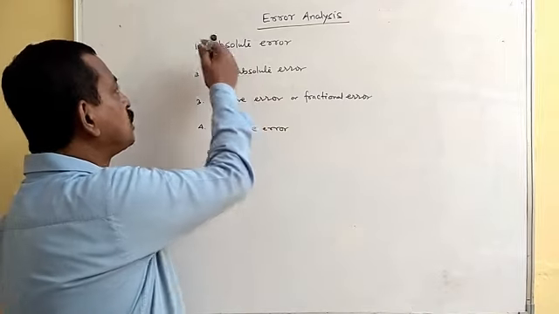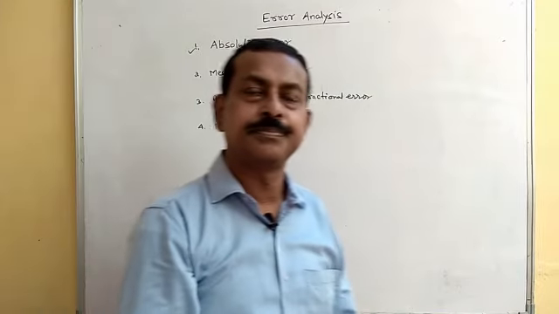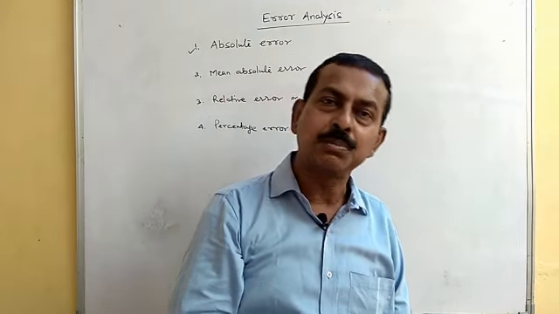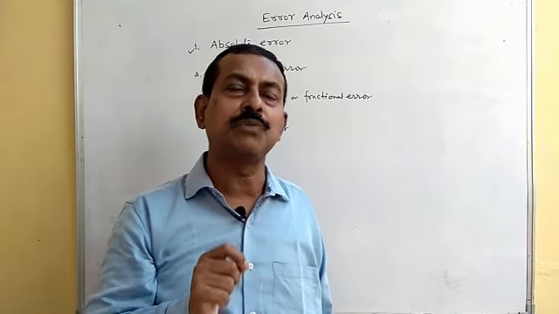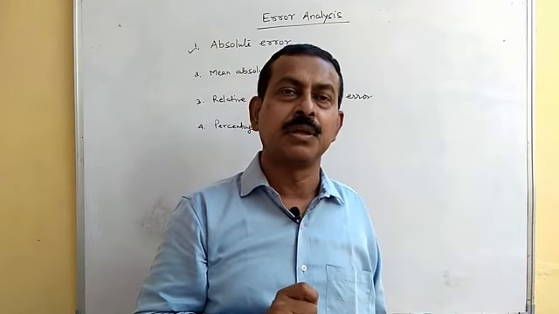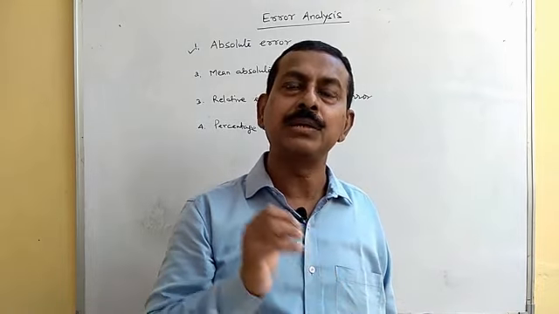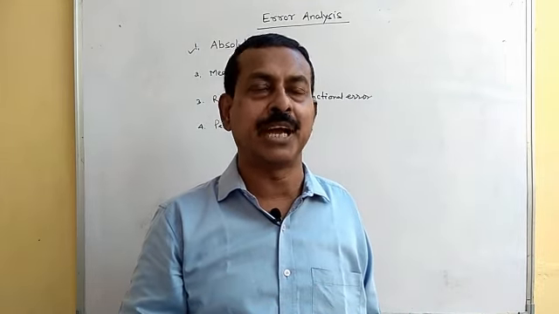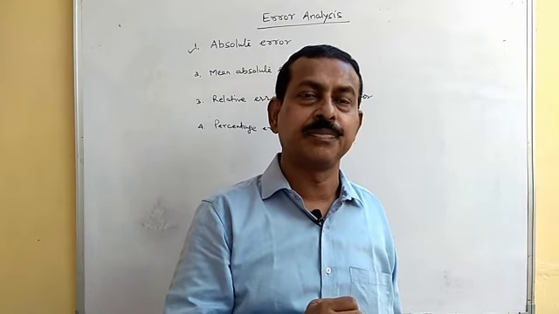So let's first of all see what is absolute error. Absolute error is the magnitude of difference between measured value and true value or mean value. It is the magnitude of the difference.